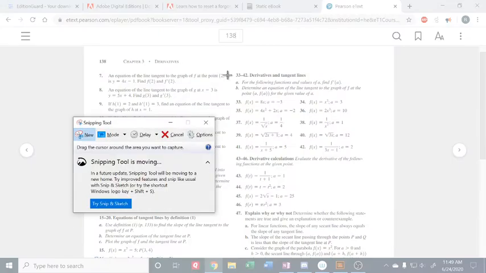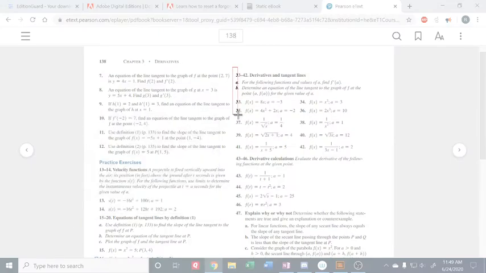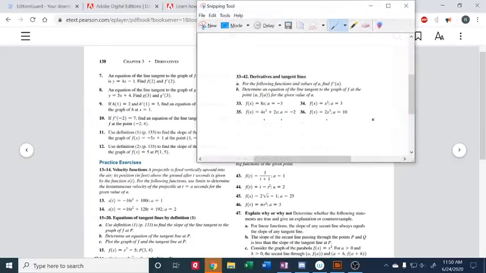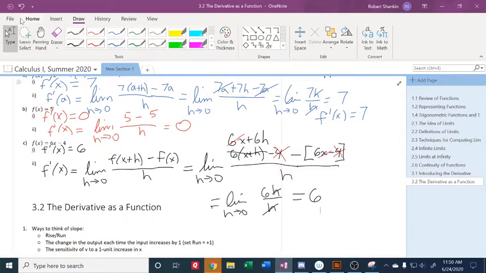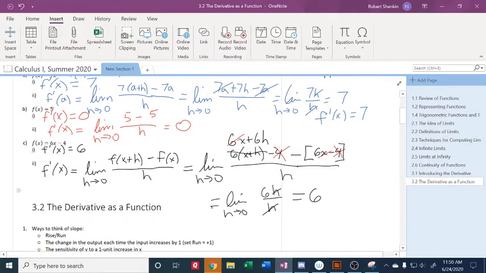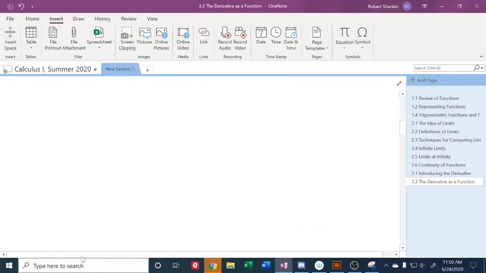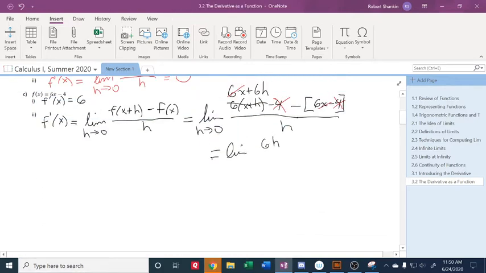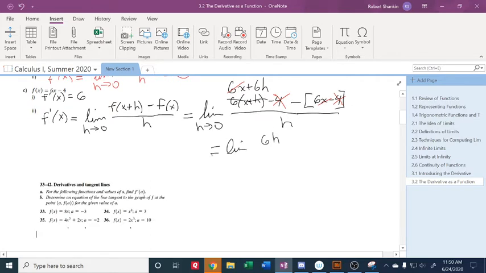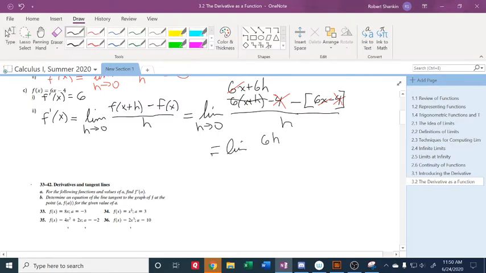Let's get the instructions as well as the problem. Okay, so we'll do 35.